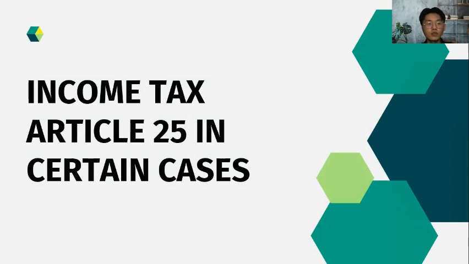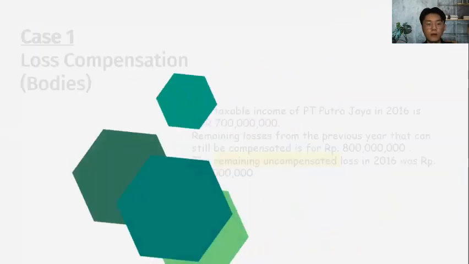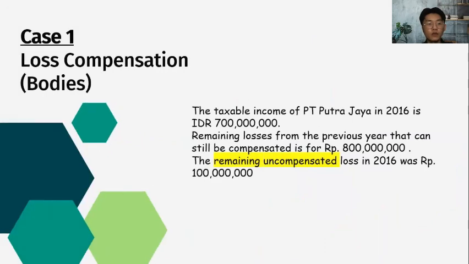For the next material, it is about income tax Article 25 in certain cases. Case 1 is about loss compensation. The case is that the taxable income of PT Putrajaya in 2016 is 700 million rupiah. The remaining losses from the previous year that can still be compensated are 600 million rupiah.